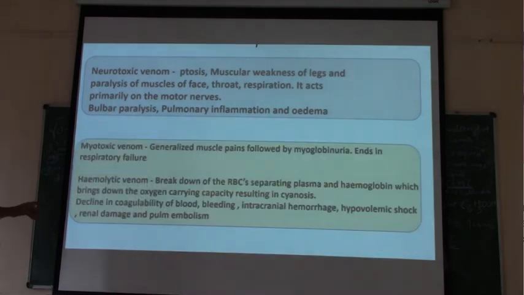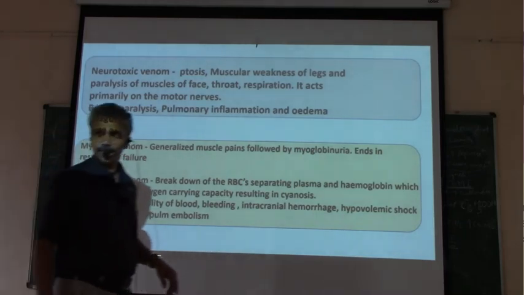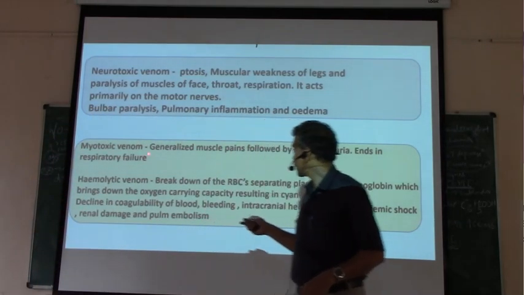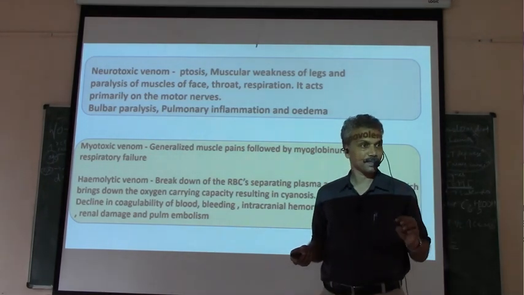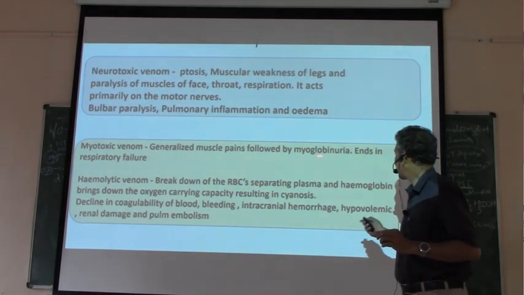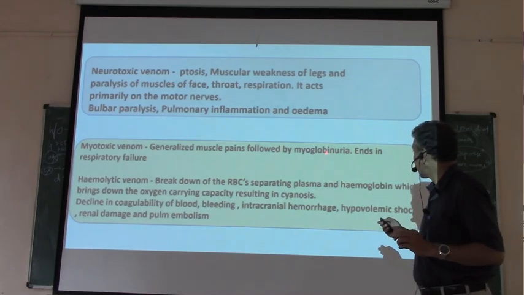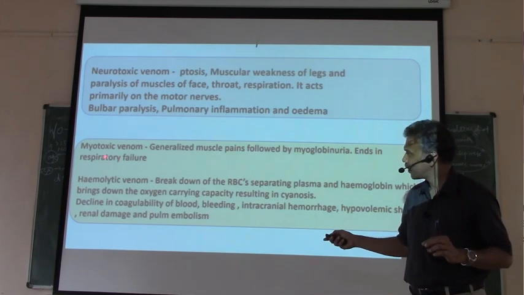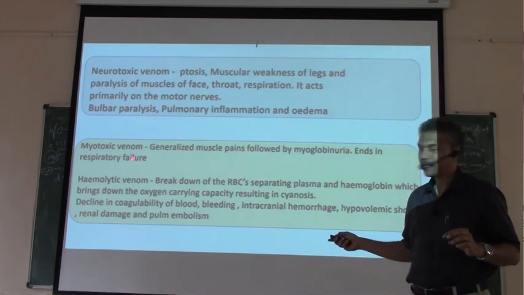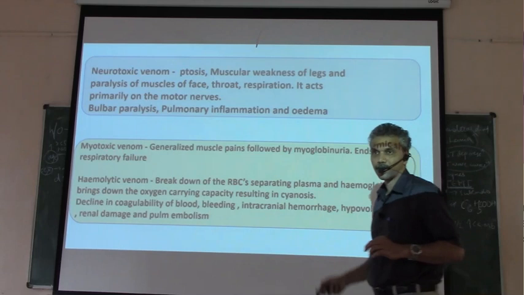First point. Second, the myotoxin, as the name suggests, is a toxin which mainly affects the muscles. The muscular pains, the myoglobinuria, and the respiratory failure that happens are all because of this myotoxin.